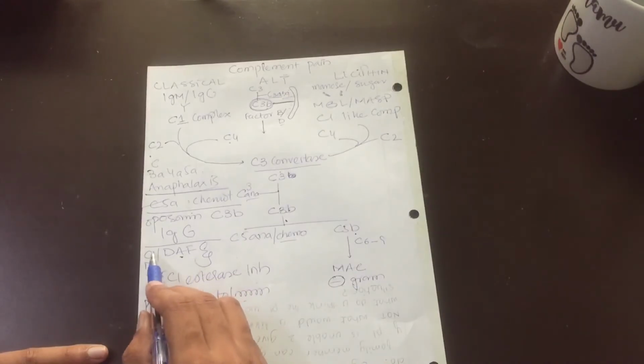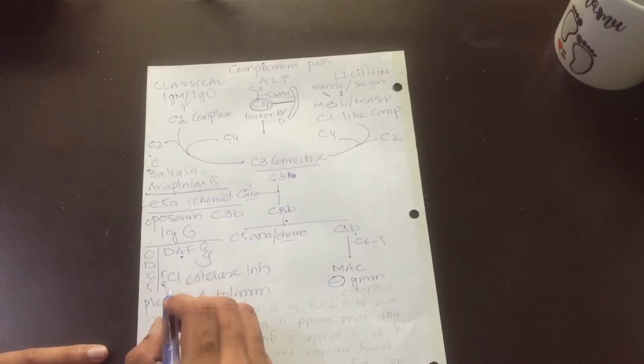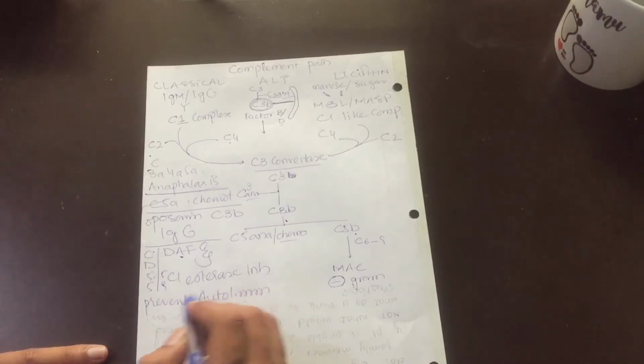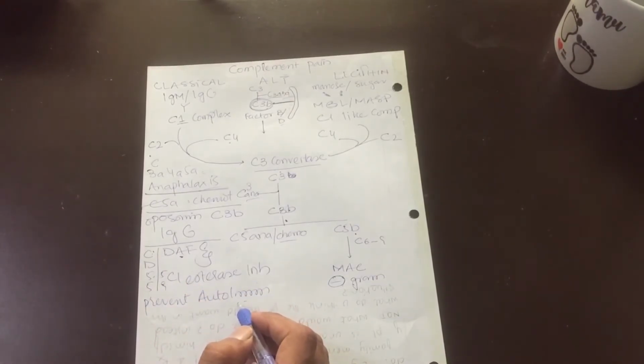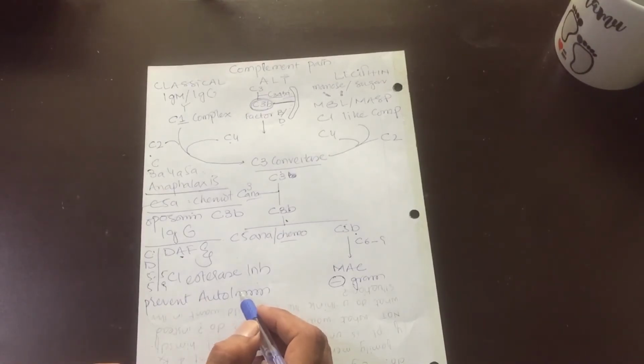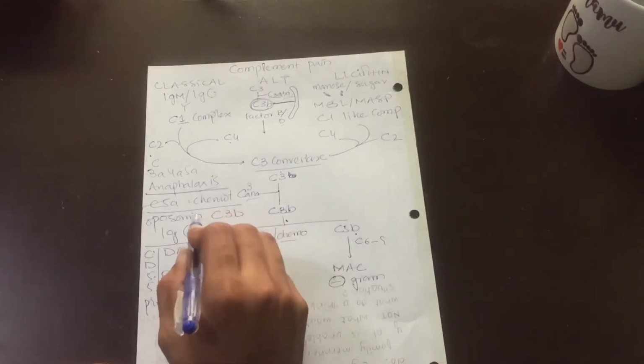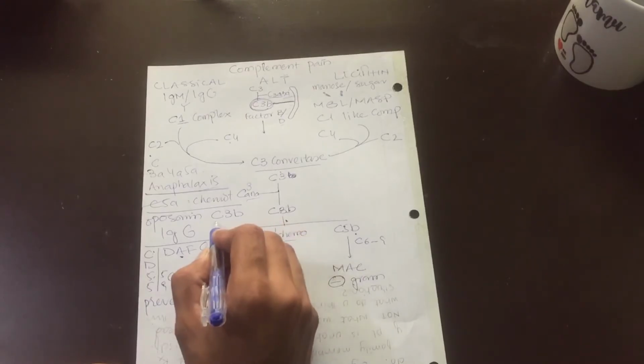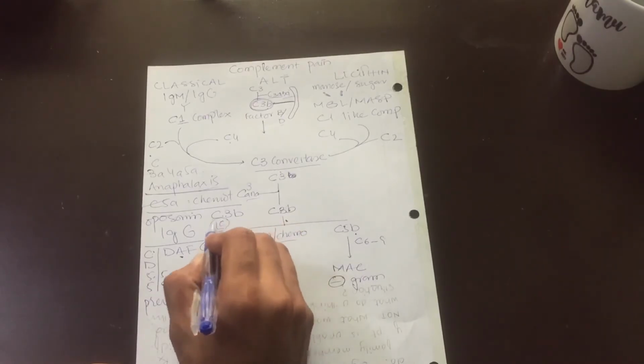These are the inhibitors of the complement pathway. C3b also clears immune complexes.